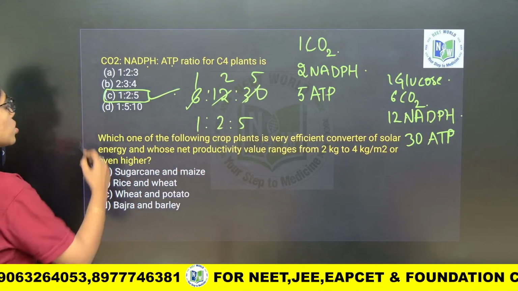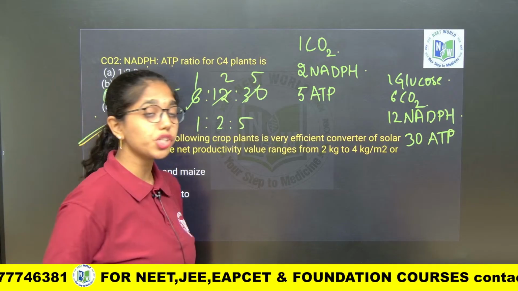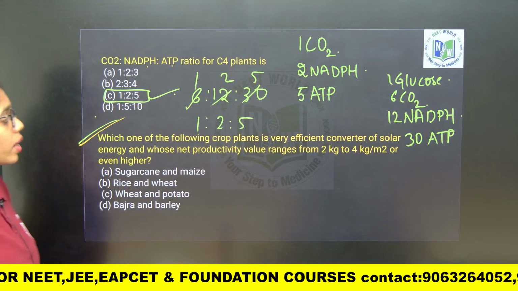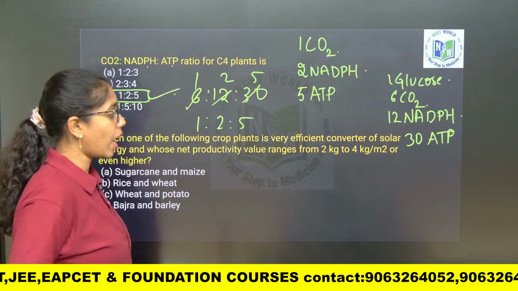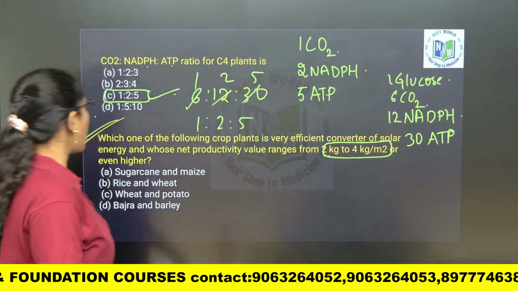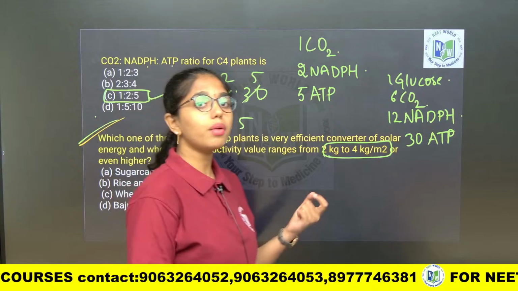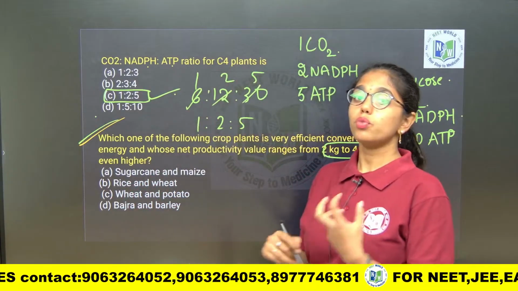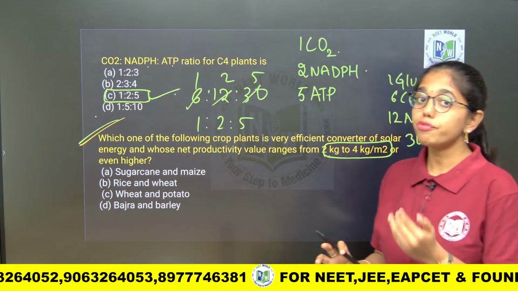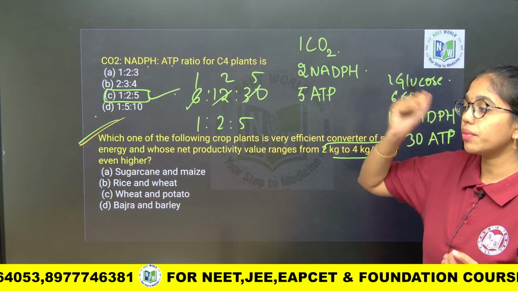Clear, ma? This question you see, which one of the following crop plants is a very efficient converter of solar energy and whose net productivity value ranges from 2 kgs to 4 kgs per meter square or even higher? Don't get confused with the question. The entire motive of this question is in which plants efficient photosynthesis will occur, or in which plants glucose is efficiently synthesized, where net productivity is higher.